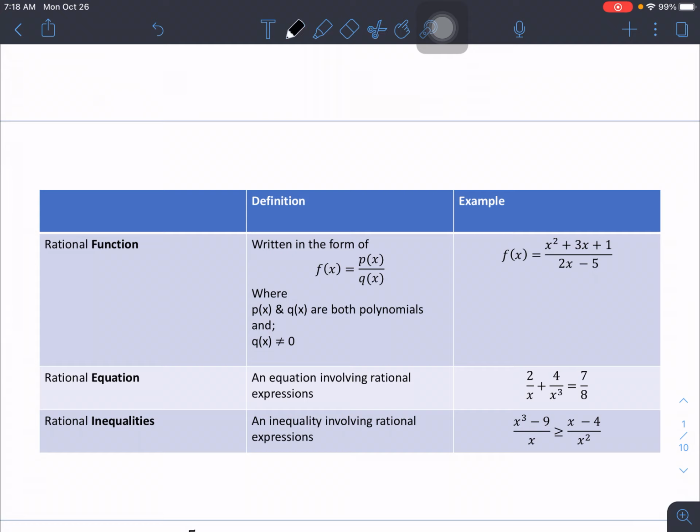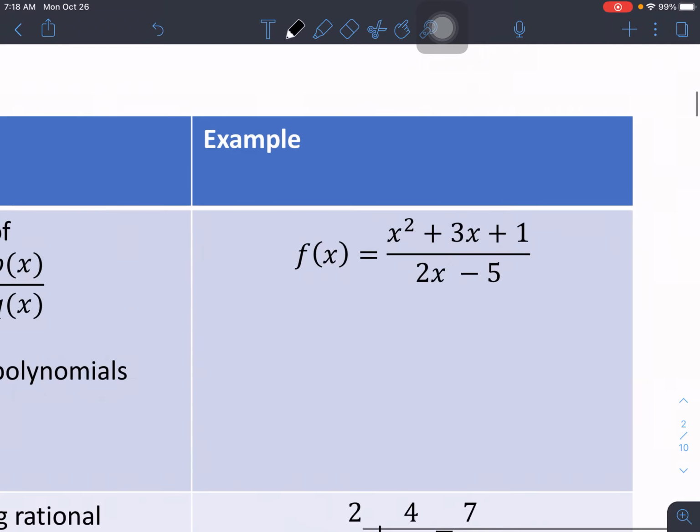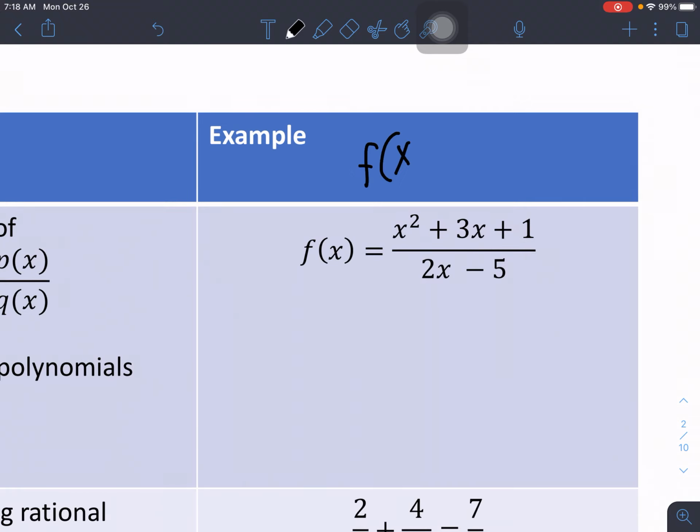So this equation written on the right is in the form of f of x equals p of x over q of x. So q of x is not equal to 0.